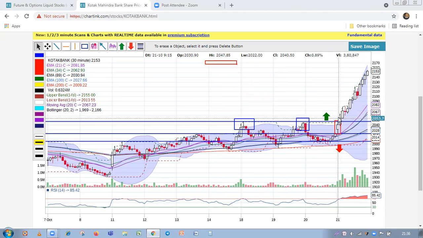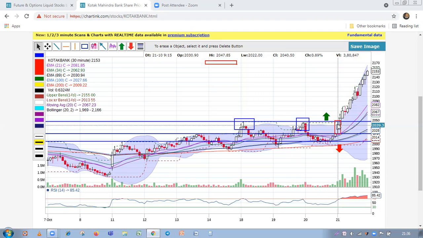Let me check from mobile phone what was the high of first 30-minute candle, so that I can tell you properly where we should have entered at what price. Okay, hope you can understand what I'm saying, because I'm considering buying in this Kotak Mahindra Bank, but now we are relating to option. So I'm saying we can buy it above its high of the first 30-minute candle, which is 2047. Let's say it's 2048.